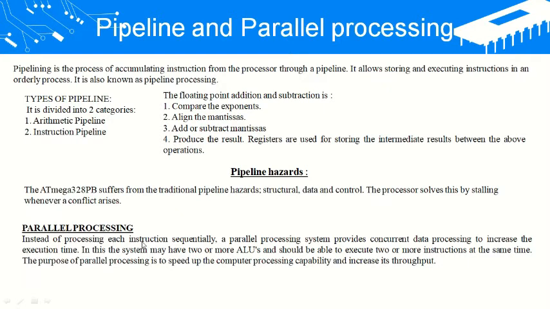Instead of processing each instruction sequentially, a parallel processing system provides concurrent data processing to decrease the execution time. In this, the system may have two or more ALUs and should be able to execute two or more instructions at the same time. The purpose of parallel processing is to speed up computer processing capability and increase its output.